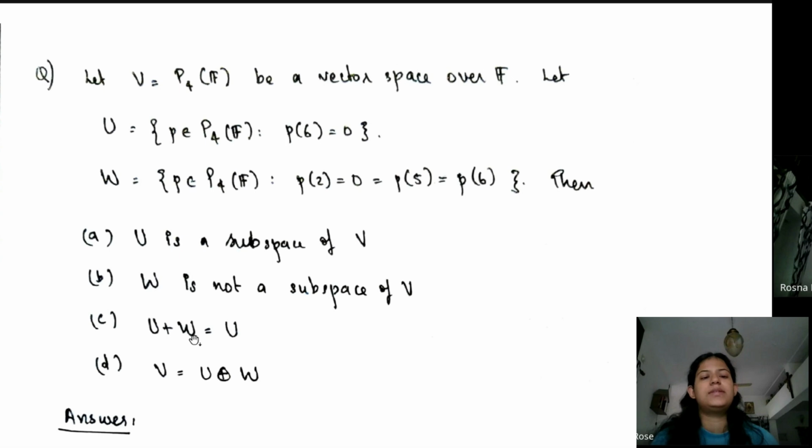U plus W means the collection of elements of the form u plus w, where u belongs to U and w belongs to W. So this is the collection here, and if you have a direct sum, it means that every element in this space can be written uniquely as a combination of an element from U and W. Yeah, these are the main differences between U plus W and U direct sum W. So what do you think about these vector spaces?